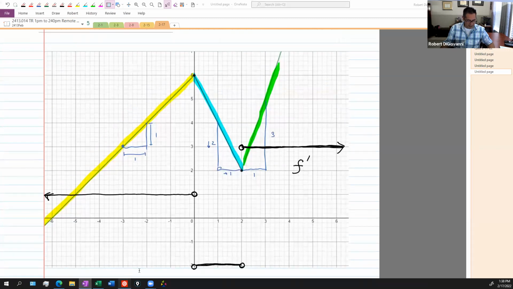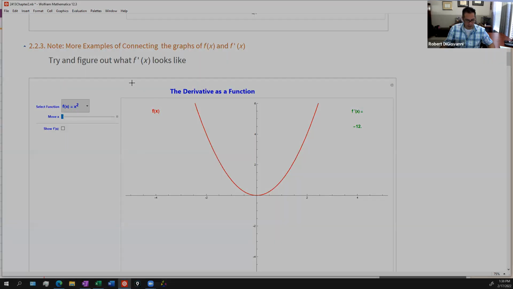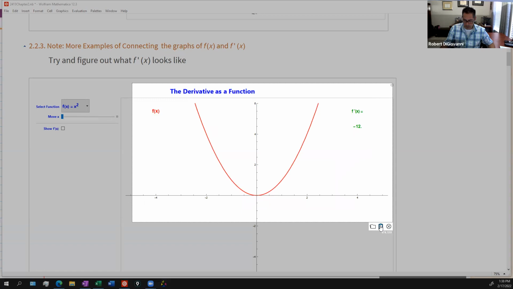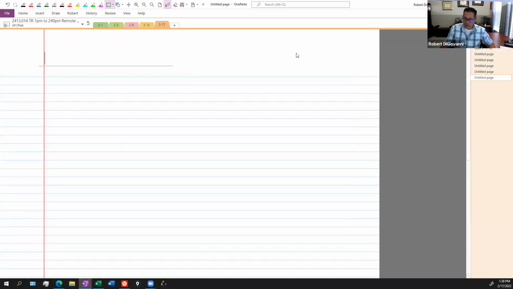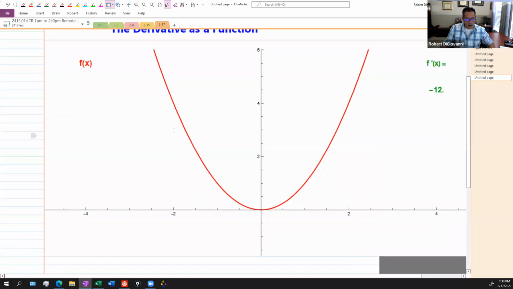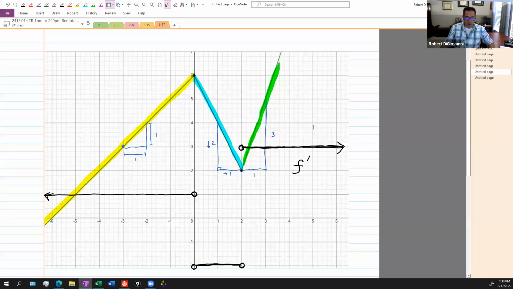Okay. Let's do another one. I'm going to let you try and draw the derivative of this one. Now, I need to say something before you try this. When we were doing this example, I was able to figure out the derivative precisely because these were straight lines and I could figure out the slope, right?